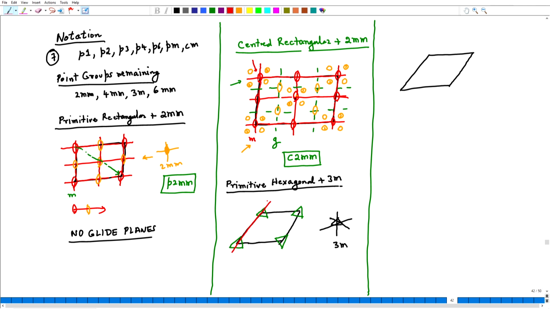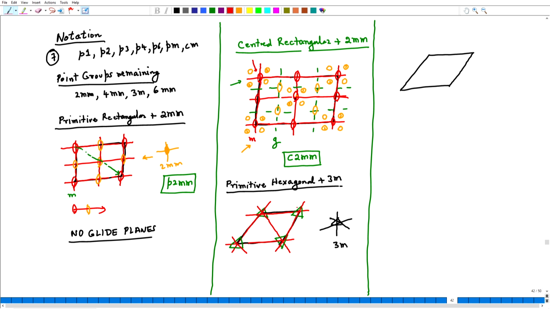So, there is a mirror like this, and there is a mirror which will go in this fashion, and of course, the third mirror would be along the diagonal. And then similarly, the translations will take these mirrors to the different cell edges, and at every corner I will have 3 mirrors.